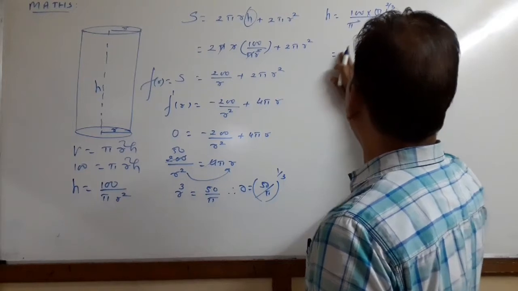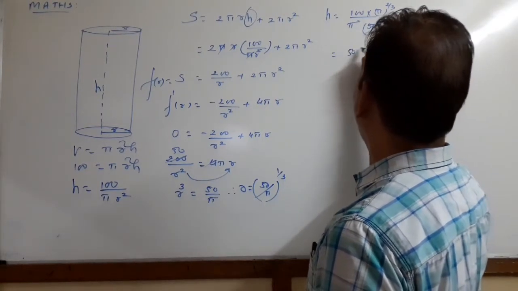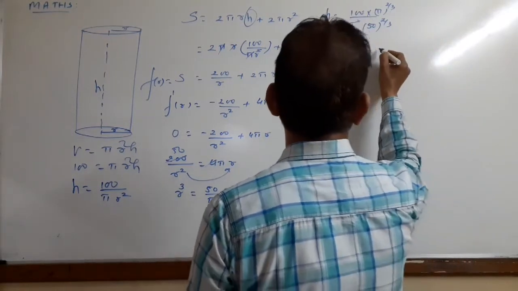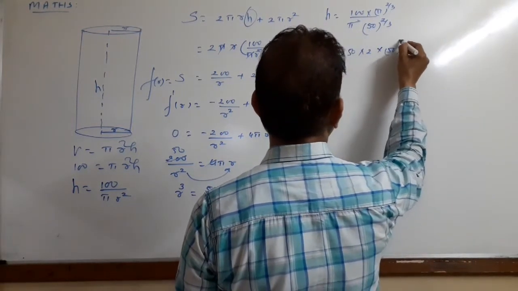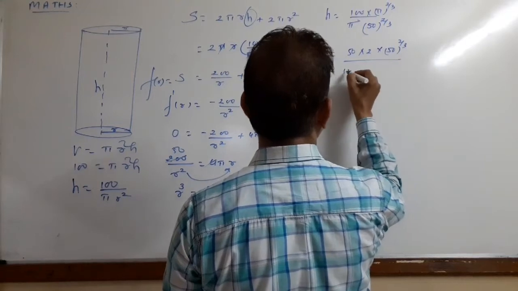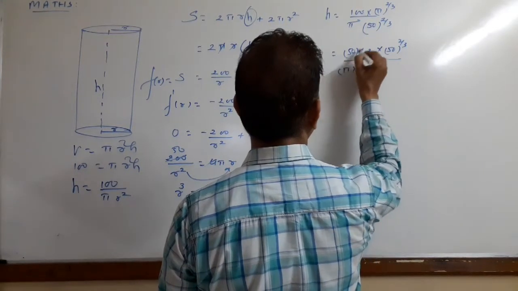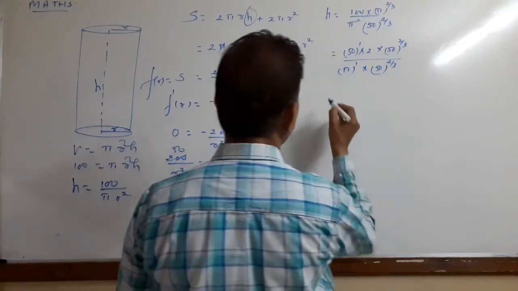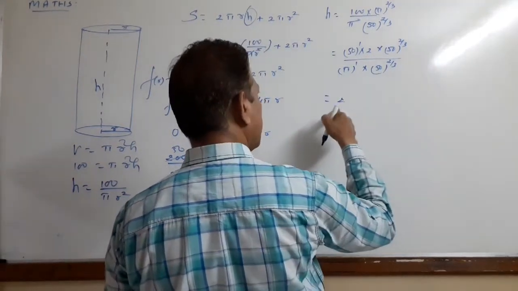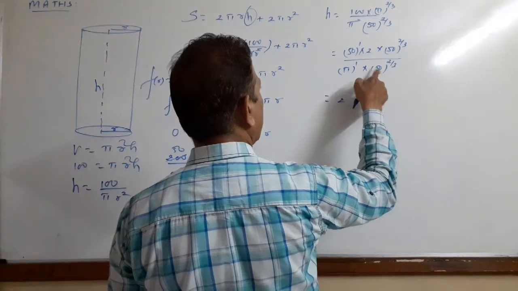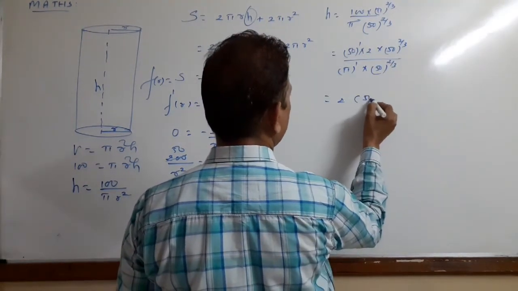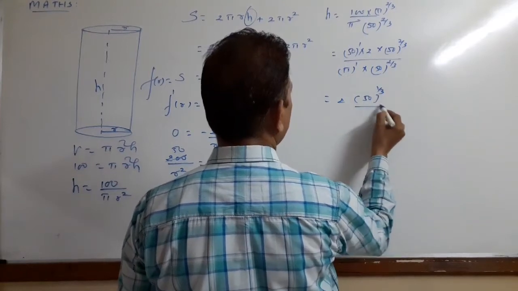Okay, so 100 we split: 100 equal to 50 into 2. And here 50 power 2 by 3 upon denominator pi power 2 by 3. The 2 stays as it is. For 50 upon 50 power 2 by 3, same base, 1 minus 2 by 3, so power 1 by 3.